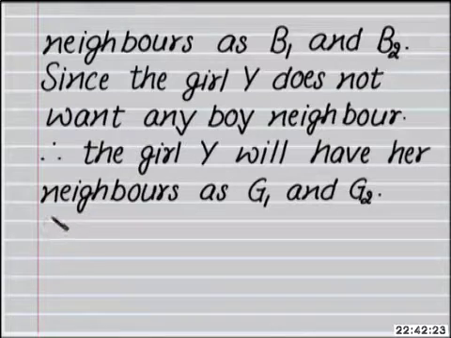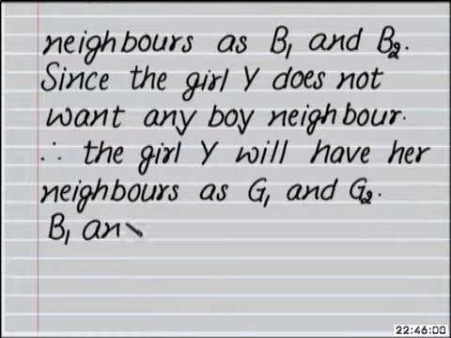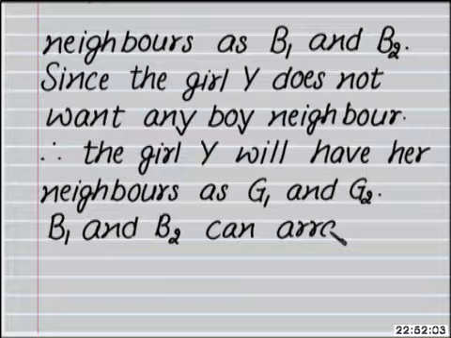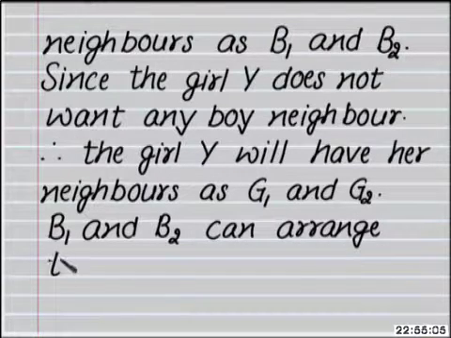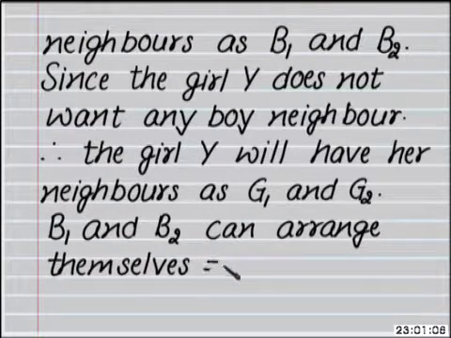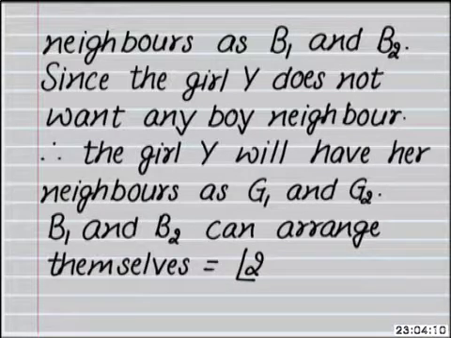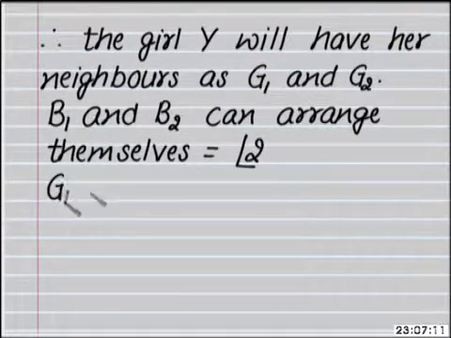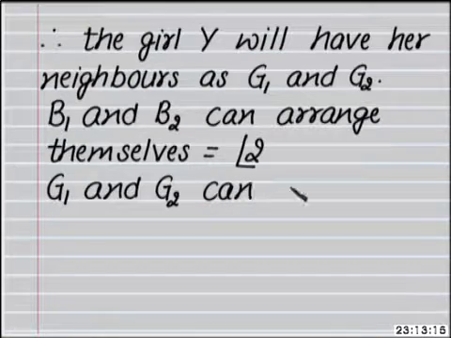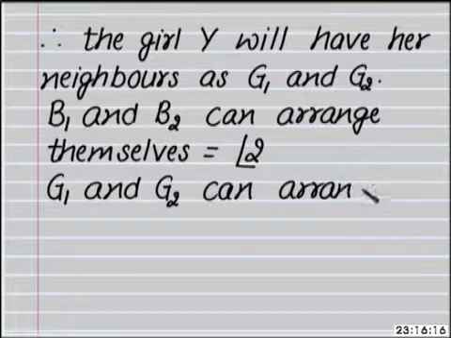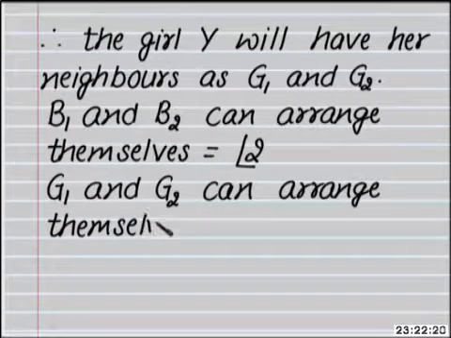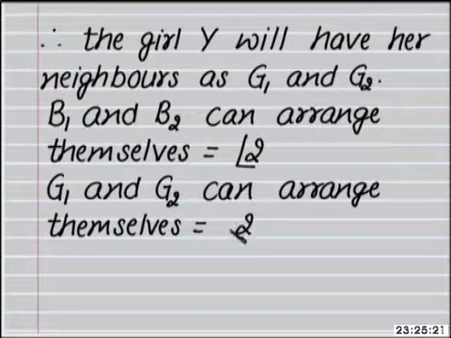Now boy B1 and B2 can arrange themselves in 2 factorial ways, and girls G1 and G2 can arrange themselves also in 2 factorial ways.